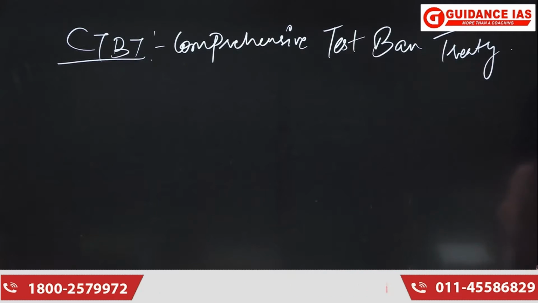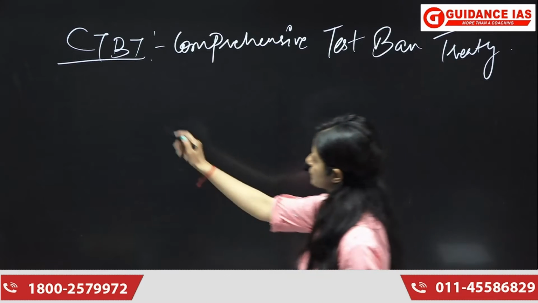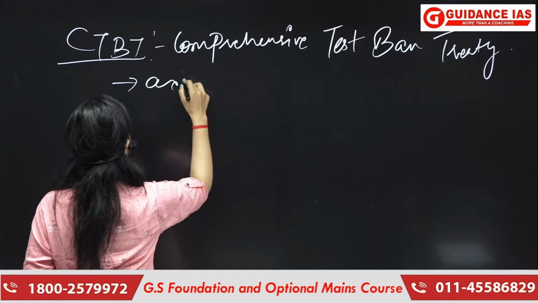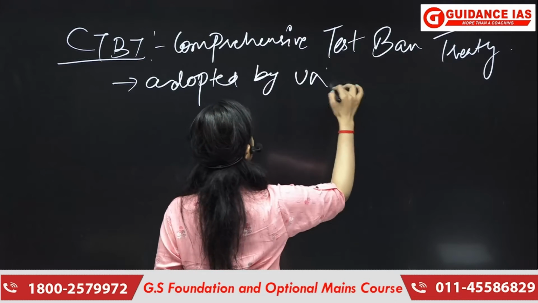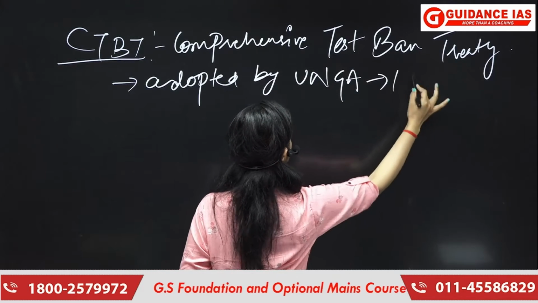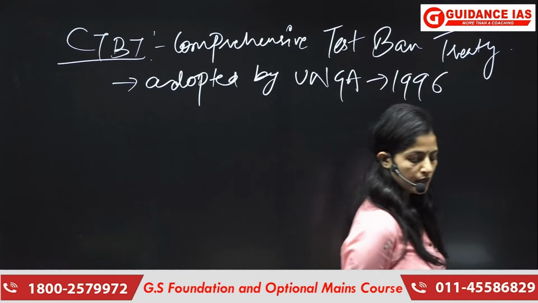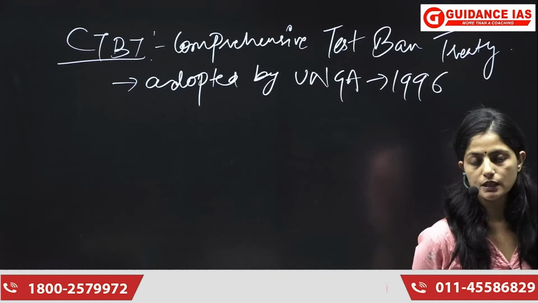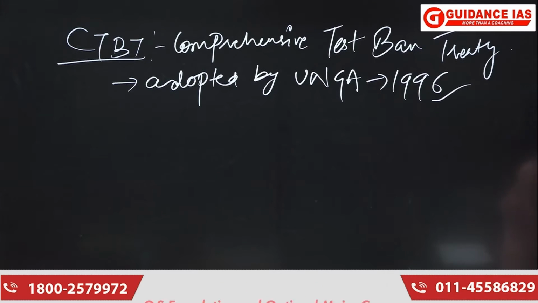What are certain points which you have to remember about this treaty is, first, it got adopted by UNGA, United Nations General Assembly, in 1996. ठीक है, 1996 में इसको अडॉप्ट किया गया था, while NPT came into force in 1970, and this one in 1996.